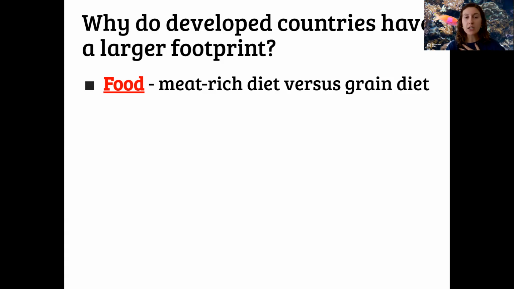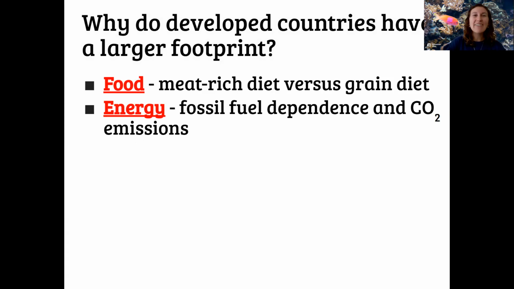In America, we tend to have a very meat-rich diet. A lot of us have meat 2-3 times a day, or at least once a day. That takes a lot more resources to produce than a vegetarian or less meat consuming diet.